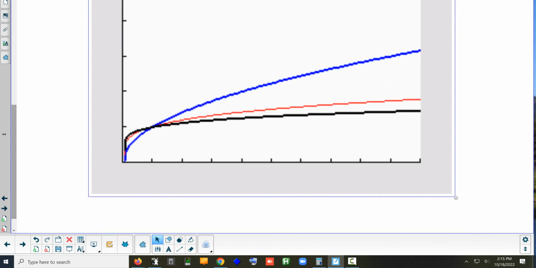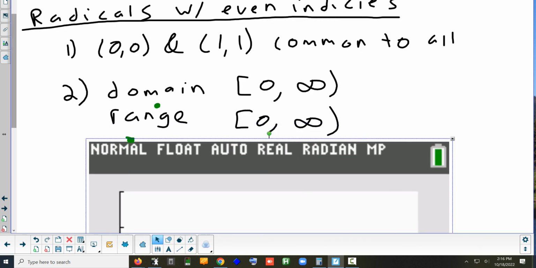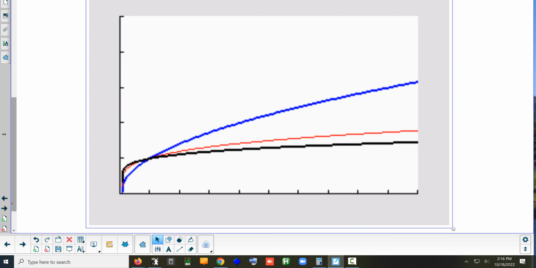Now, the domain is how far left and right it goes. It never went out of quadrant 1, and it starts at the origin. The origin is at 0. And it goes to the right forever. It never stops. So if it never stops, what do we use for a symbol? Infinity. So the domain for this problem is it starts at 0, and it goes to the right forever. And the range is the same thing. It starts at 0, and it goes up forever.